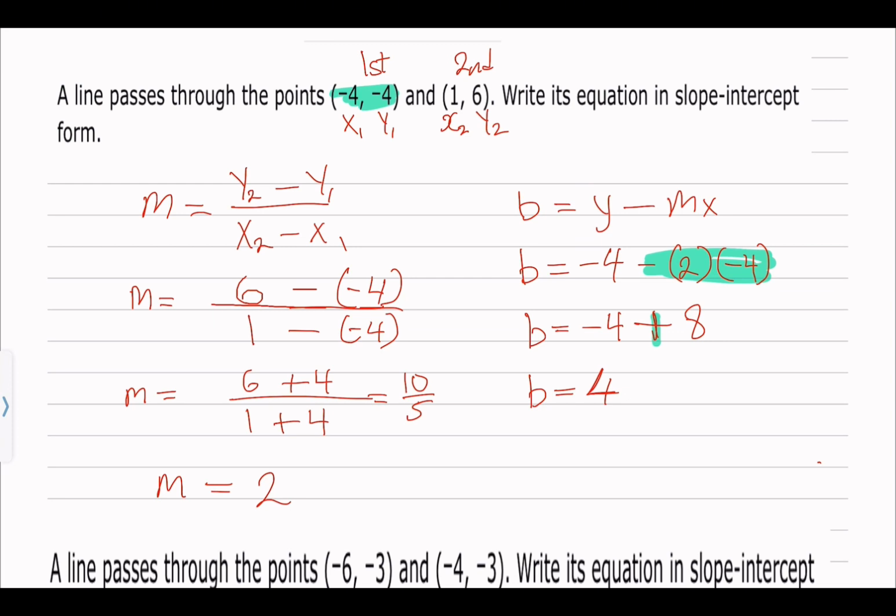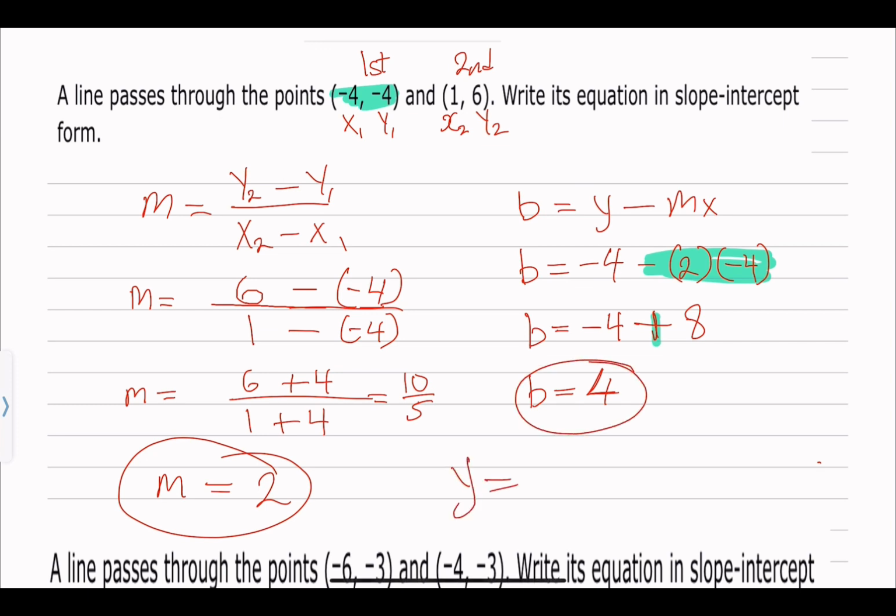Are we going to subtract or add? We're going to subtract, and keep the sign of the bigger absolute value. So it's going to be positive 4. Got it? So now your m is 2 and your b is 4.